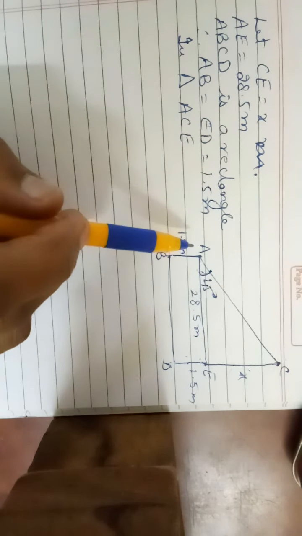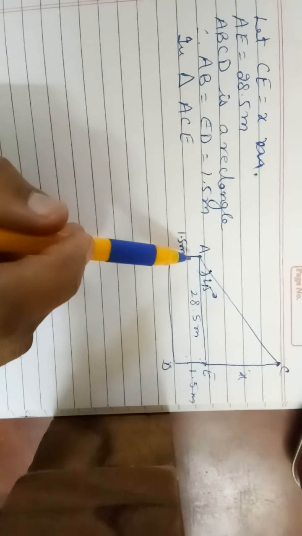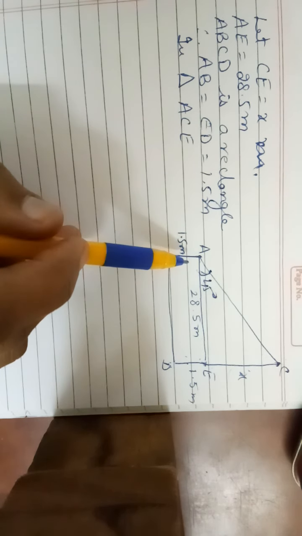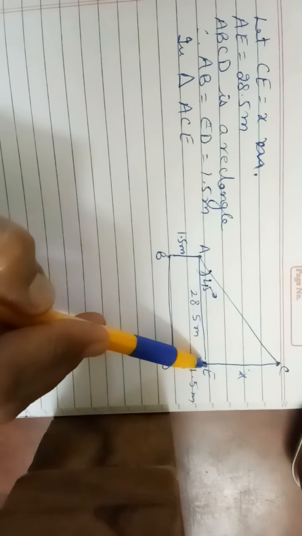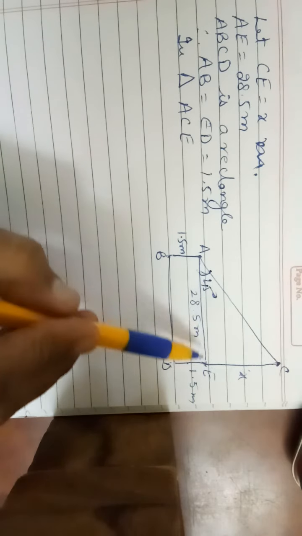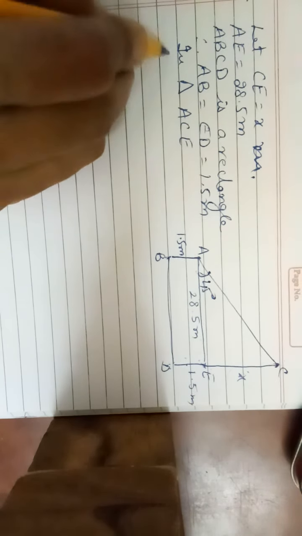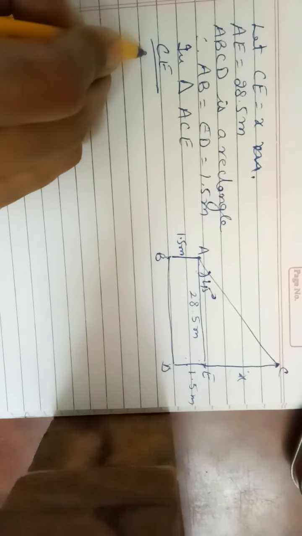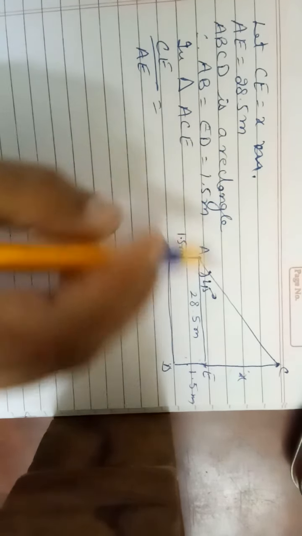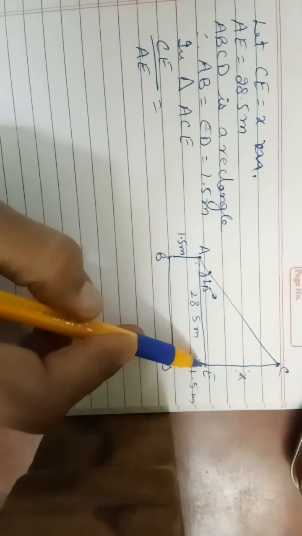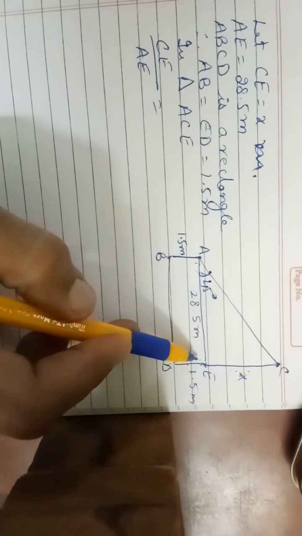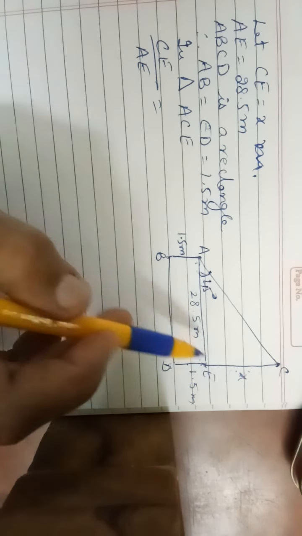Which trigonometric ratio formula will be applied here? We have to find x and the base is given to us. Then the value is CE upon AE. P upon B is equal to what? Perpendicular over base.